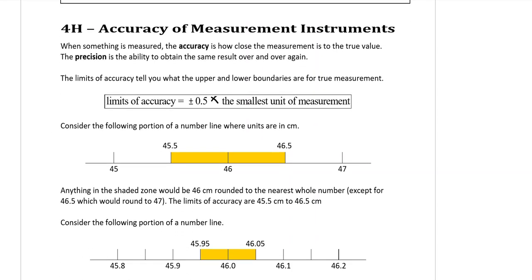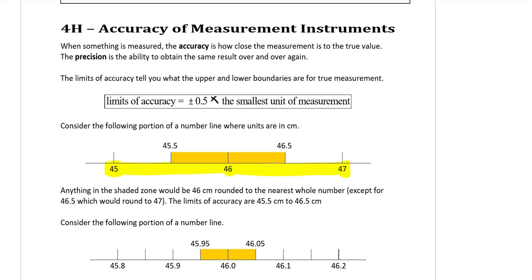Okay, so we want to talk about accuracy of measurement. So if this diagram down here was a very big enlarged picture of a measurement shown on a ruler, you might have had on a meter ruler 45 centimetres, 46 centimetres and 47 centimetres.